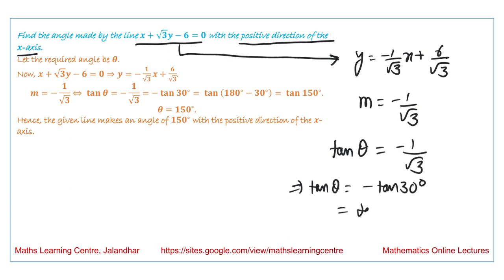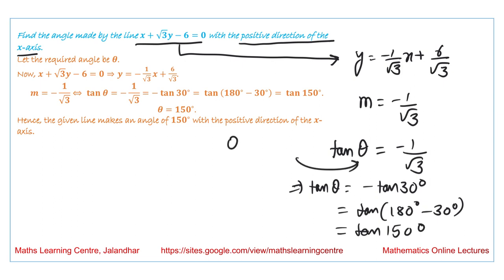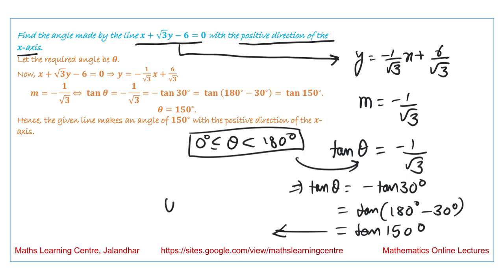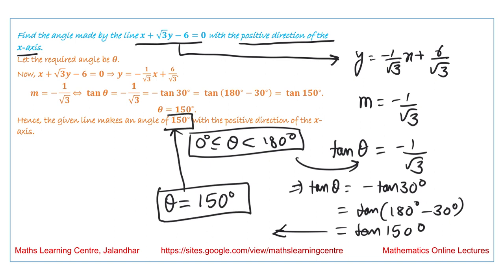This is equal to tan of 180 degree minus 30 degree, which is equal to tan of 150 degree. We are saying this theta lies between 0 and 180 degree. So we obtain that the angle it makes with the x-axis is 150 degrees.